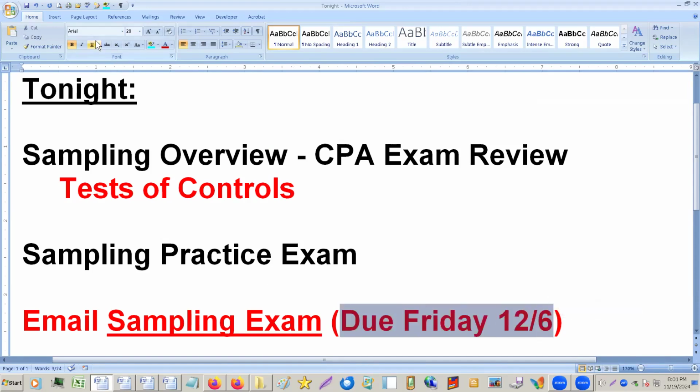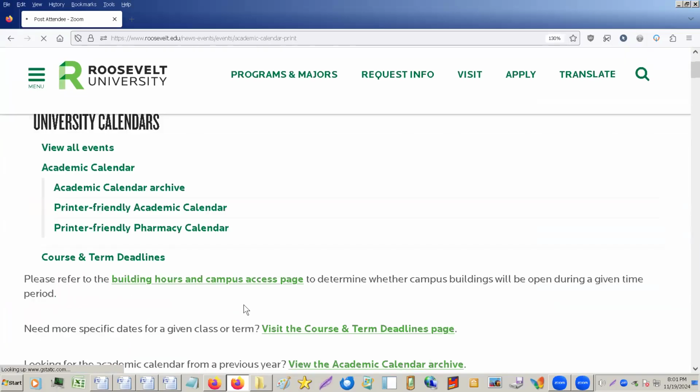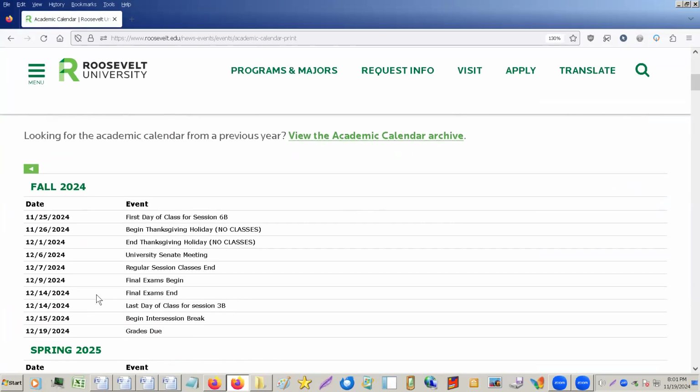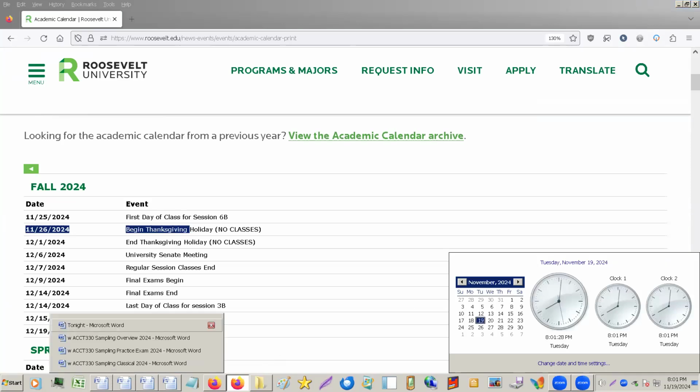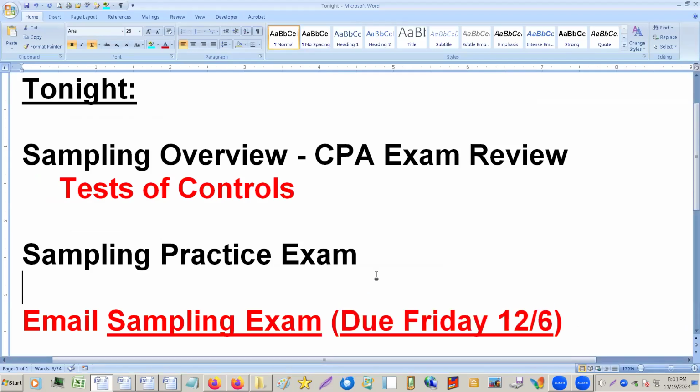If you look at the calendar, we're off on the 26th. So next week, we do not have class.